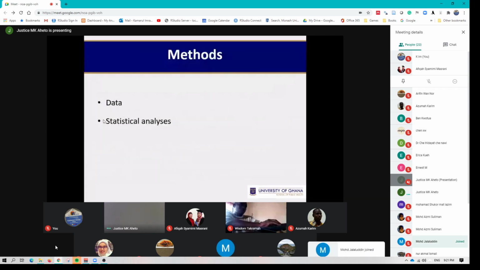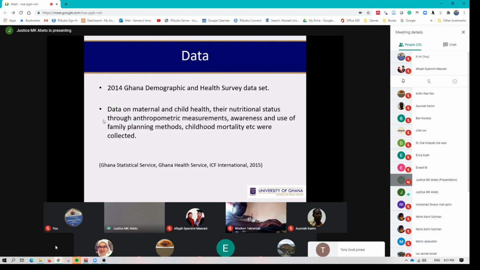Okay, so the methods. What data am I using and what are some of the statistical methods I want to apply to this data? So basically, I use the data from the 2014 Ghana Demographic and Health Survey. I'm very sure many of you know about these DHS data because it's being conducted globally.